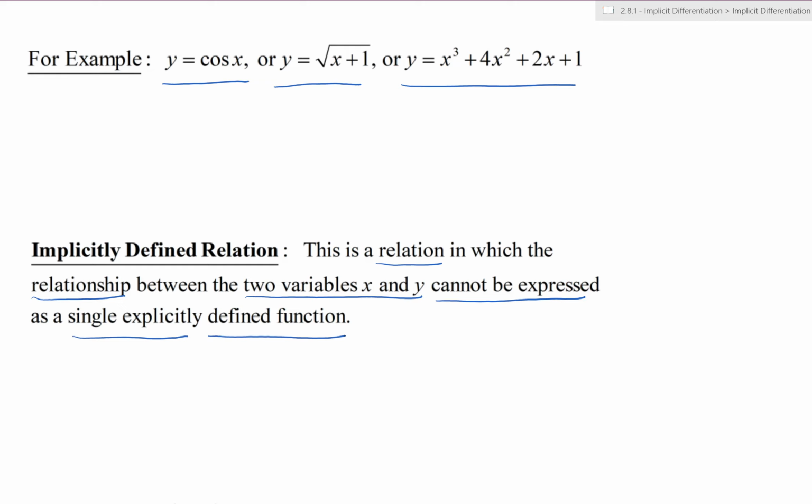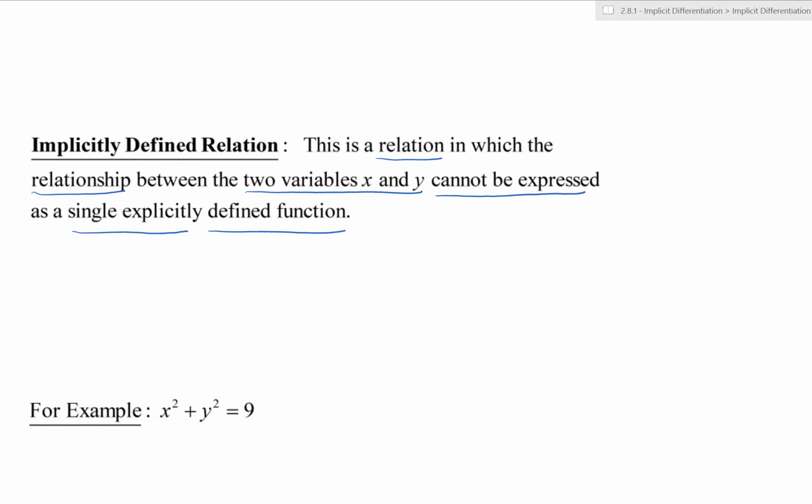So a relation has a graph. The only difference is that this graph is not necessarily going to pass the vertical line test, but the graph is going to be some type of curve. And assuming that the slope is defined, we should be able to find the slope of the curve at whatever point we like. That's why we talk about this video.